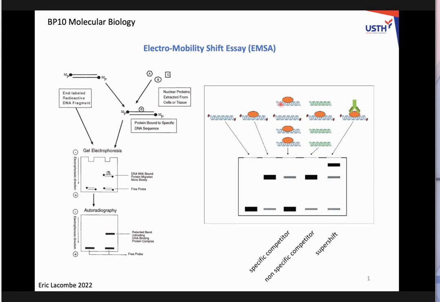If you put the unlabeled fragment in the reaction, with no radioactivity, in excess, the protein that you discovered before is not able to distinguish unlabeled from labeled. Because you put a huge amount of non-radioactive DNA fragment, almost all the protein is going to interact with a non-radioactive fragment instead of the radioactive fragment.